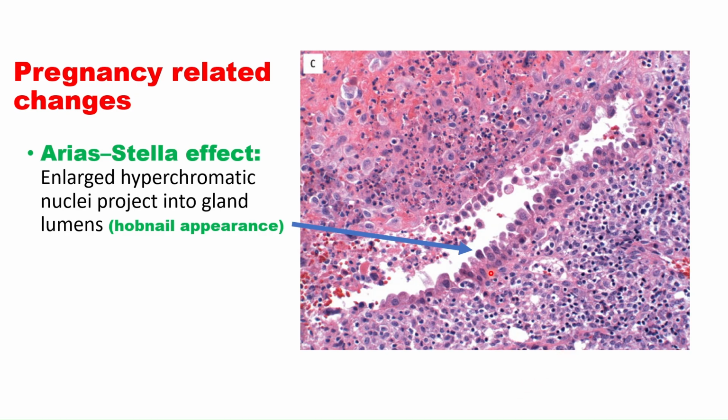Here we can appreciate a very beautiful hobnailing effect where the glandular nuclei are protruding into the lumen and are separated, having the hobnailing effect. Here the stroma is showing decidualized change and some lymphocytic and neutrophilic infiltration is seen.